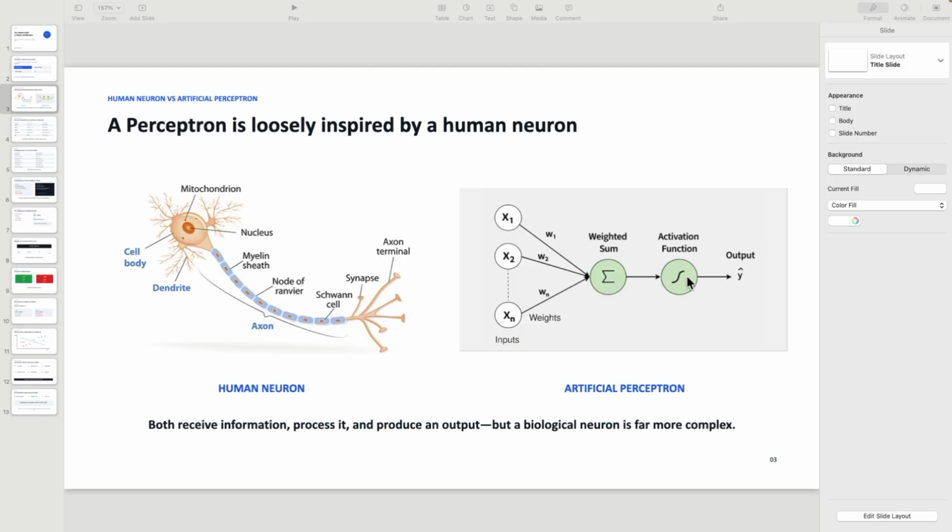Another part is the axon terminal, which sends the result forward, and that will be connected to another neuron in the human body. In our perceptron, the output sends the result forward. This gives me the result.